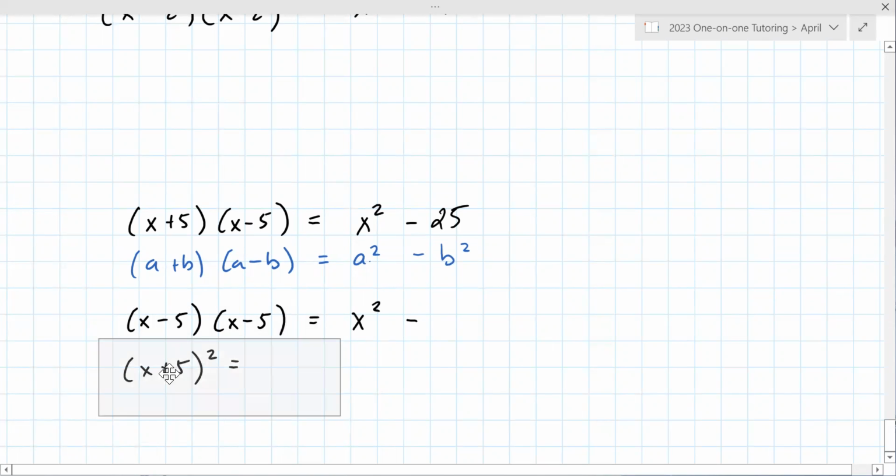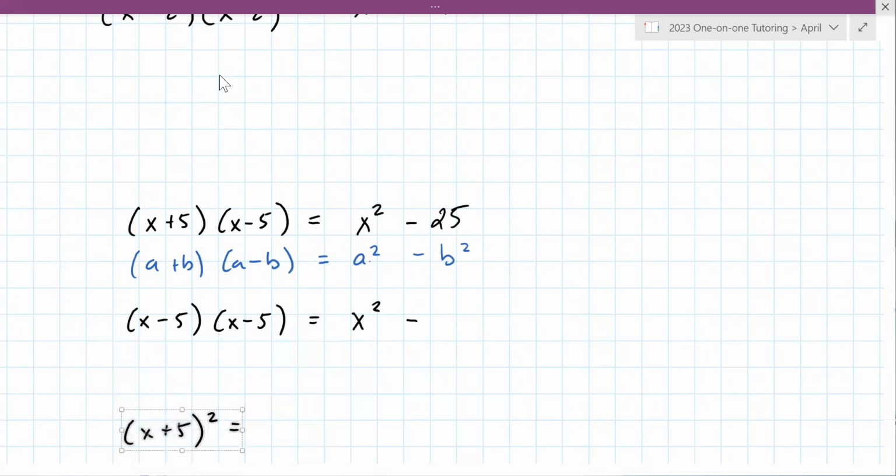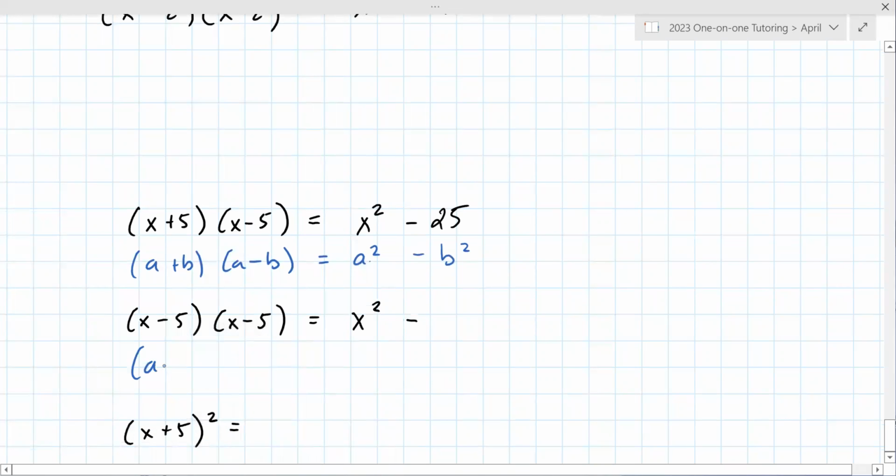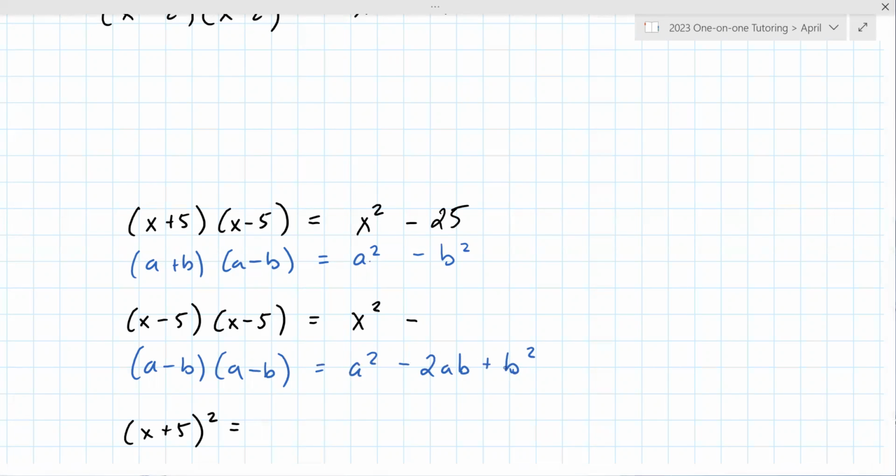Let's get the formula. That's what I'm kind of picking up on: you want to write it and then write the formula. This is a squared minus 2ab plus b squared. What is a? What is b? A would be x and then b would be 5.